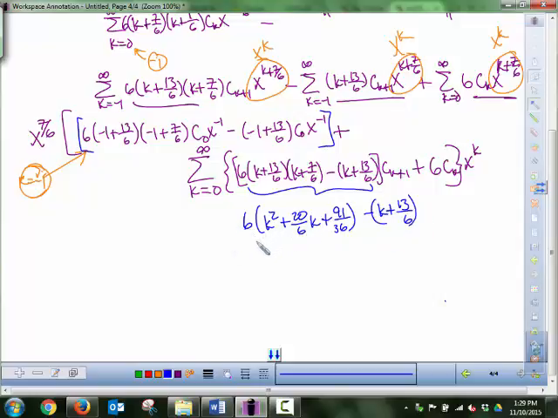So let's distribute the 6. 6k squared plus 20k plus 91 over 6, minus k minus 13 over 6. So 6k squared plus 19k, 91 minus 13, 78.